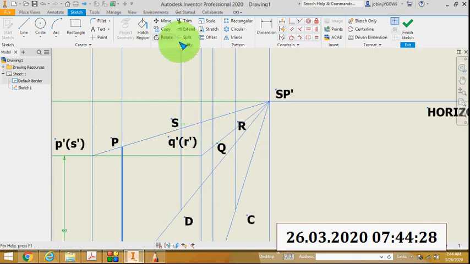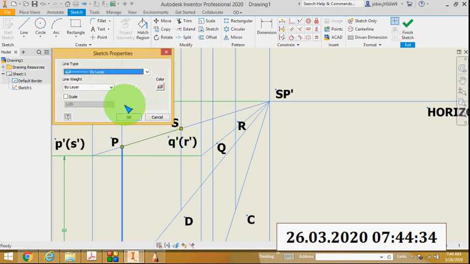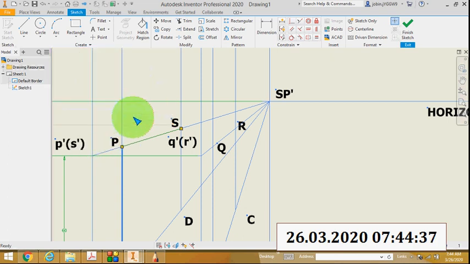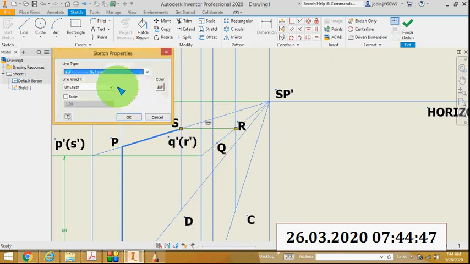Then I will join all the outer points, so from P to S, then from S to R, that is the next outer point, dark it.